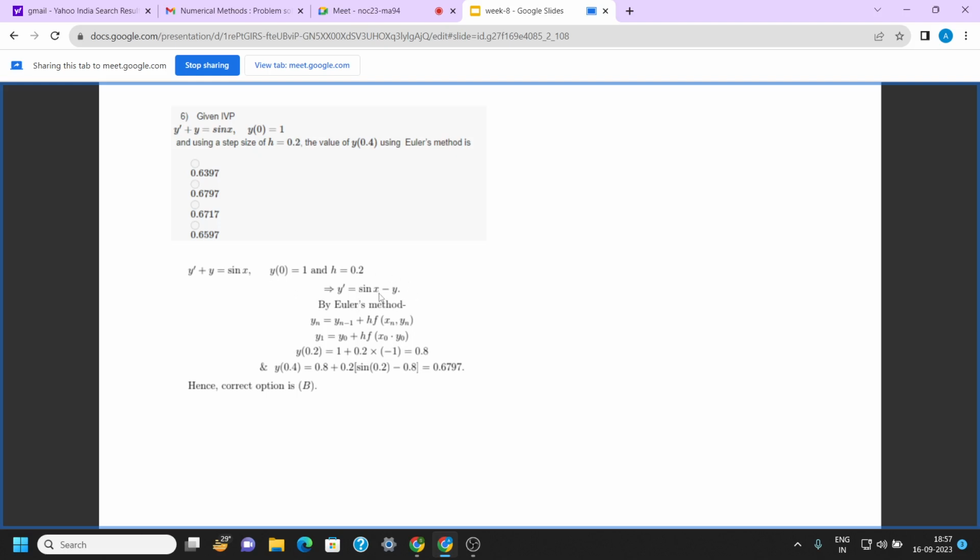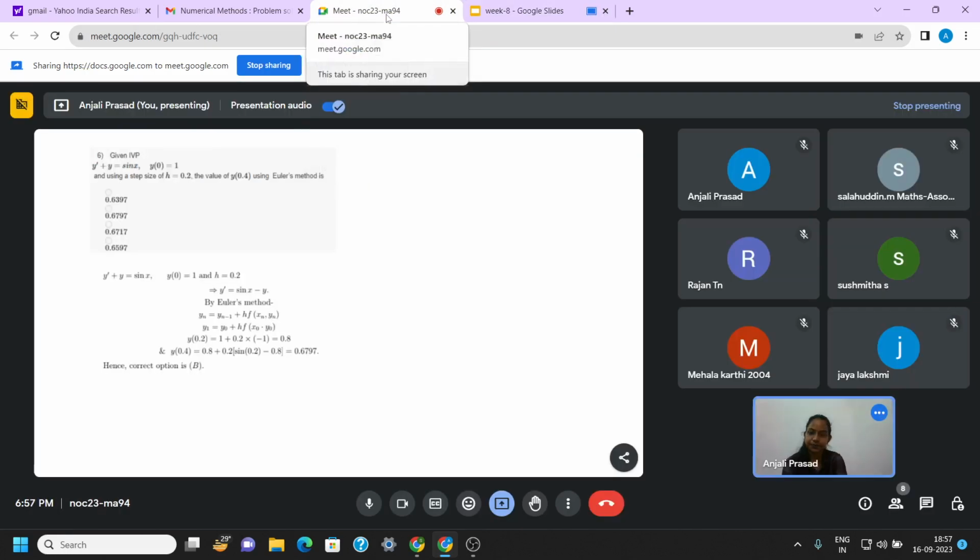Substitute here sin 0 minus 1, so you'll get minus 1, right? So y naught is 1 plus 0.2, that is the step size, into minus 1. So y of 0.2 will be 0.8. Are you getting y of 0.2 as 0.8?